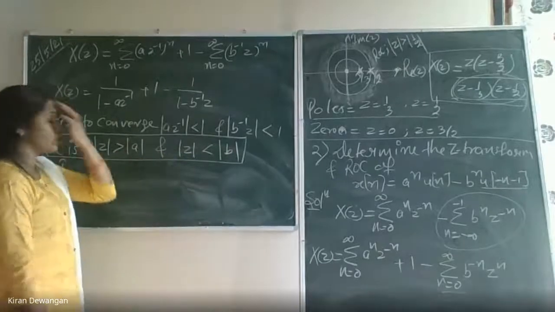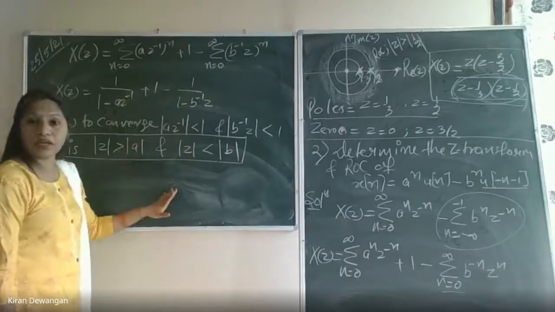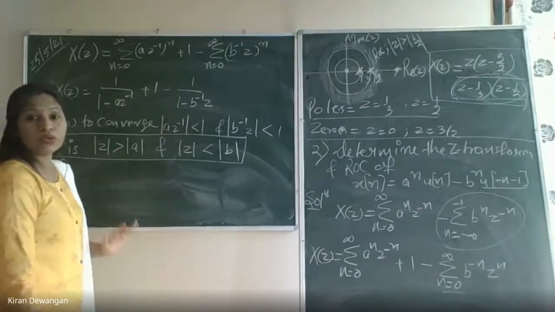But what do we want? We want a common region where x of z may converge. ठीक है. अलग अलग होगा तो it is not possible.